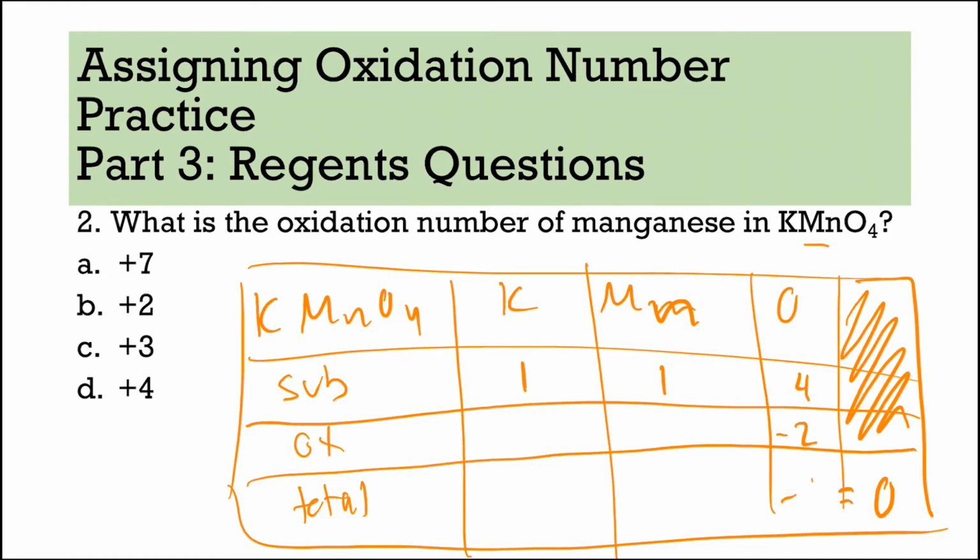If we have 4 of those, that's a total of negative 8. K is plus 1. So if you have 1 of those, that's a total of plus 1. So the only thing that makes this equation 1 plus something plus negative 8 equals 0 is positive 7. And if you have 1 Mn to bring this total positive 7 charge, that means its oxidation number is positive 7.